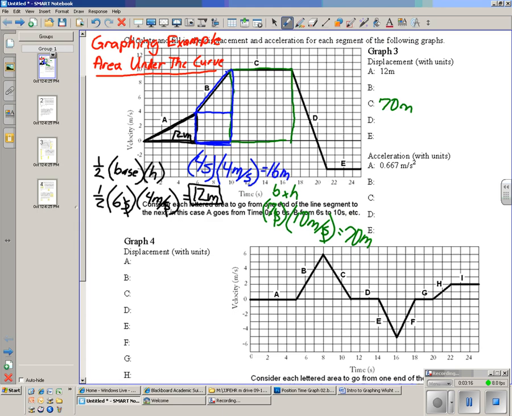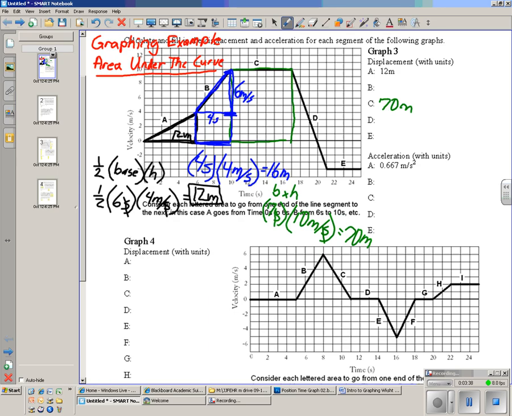Then we have the triangle, as was mentioned before. The height there is 10 minus 4. The 10 minus 4 is going to be 6 meters per second, and then the base is still 4 seconds.